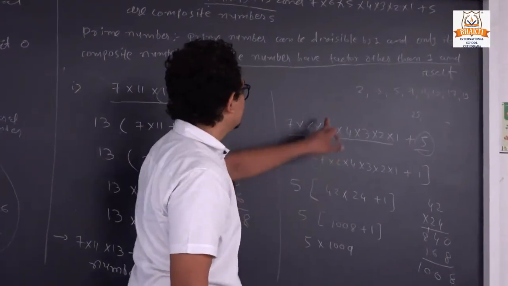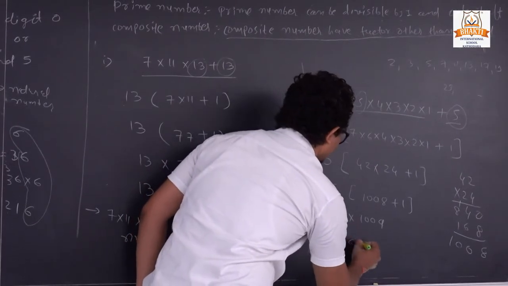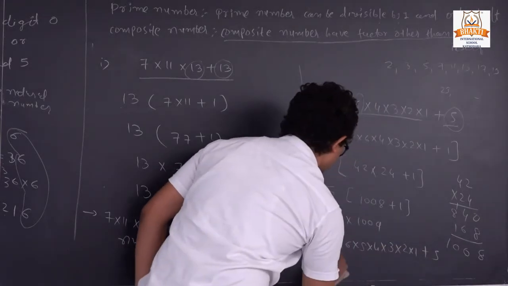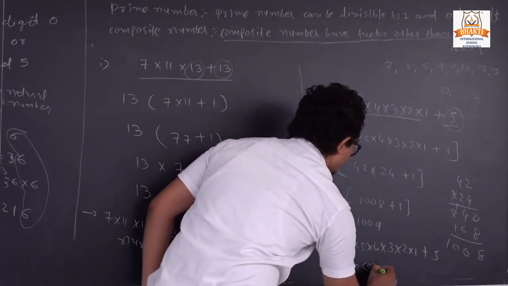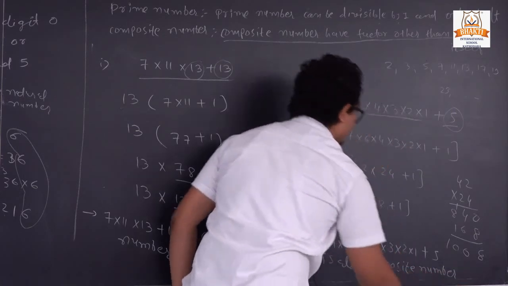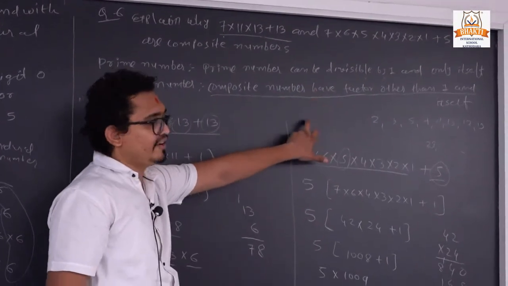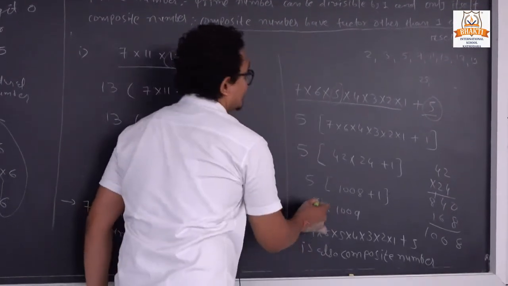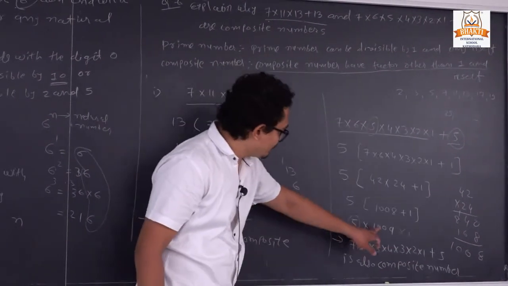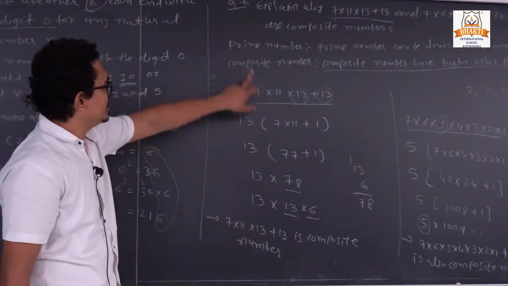So these two numbers, 7 into 6 into 5 into 4 into 3 into 2 into 1 plus 5, is also a composite number. So if we have a factor other than the number and 1, so here the number and 1 are already there, because we can also write 1, clear. So one more factor, so it is called a composite number. Same is in our question number first.